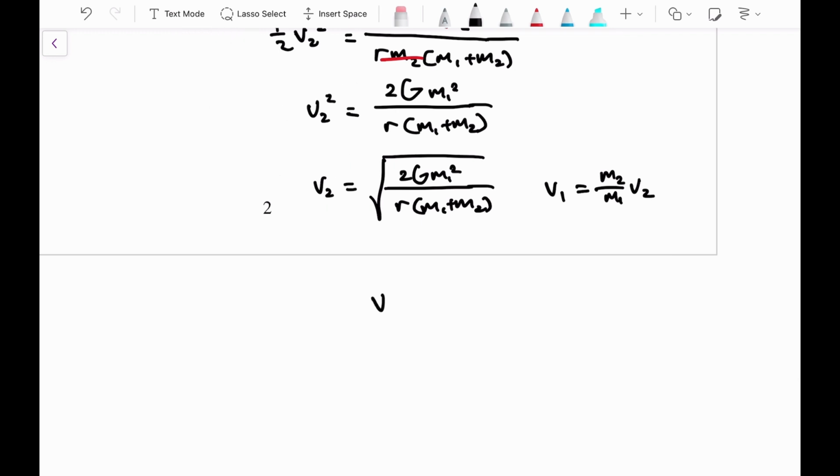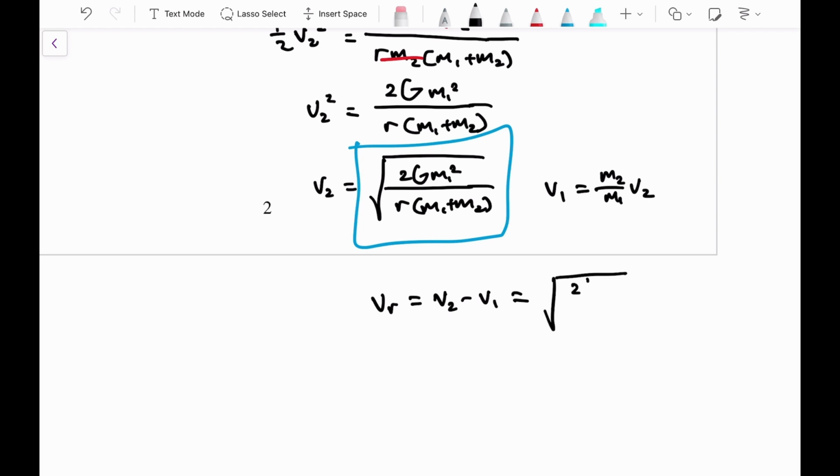So v relative will be equal to v2 minus v1, which is equal to, because we can factorize this entire thing out, so let's write this down first.